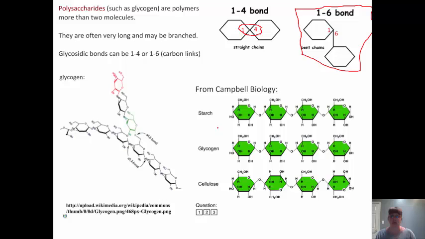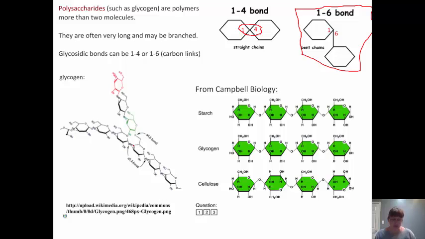So you can see examples of starches, glycogens, and celluloses. All of these 3 are showing the 1,4 bonds, but you can see over here that glycogen is made up of both 1,4s and some 1,6s.